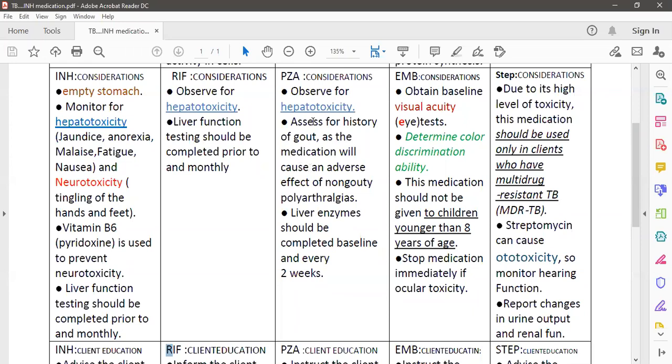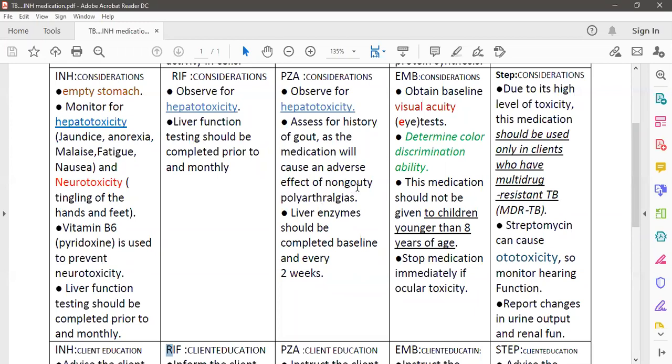When hyperuricemia develops with joint pain, this is a gout-type problem. So assess the history of gout, as this medication will cause the adverse effect of non-gouty polyarthritis.